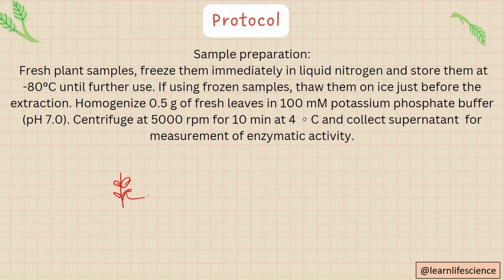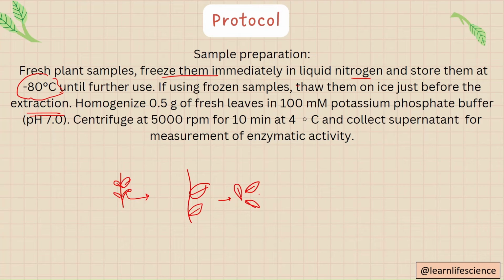You will have to collect the leaf samples, then freeze them immediately in liquid nitrogen and store them at minus 80 degrees Celsius until you are carrying out the reaction, right? If you are using frozen samples, then you will have to thaw them on ice just before the extraction procedure. Okay, so for example, if we consider that you have collected the leaves, right? You have taken out the leaves.